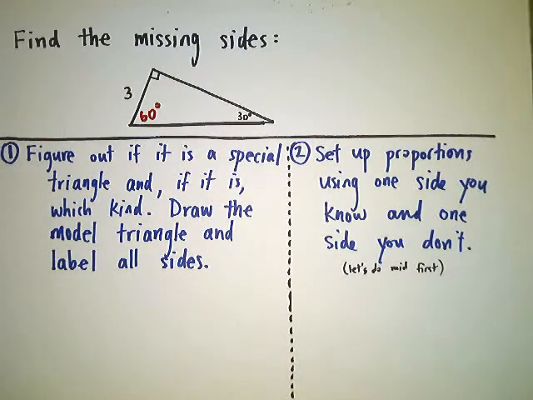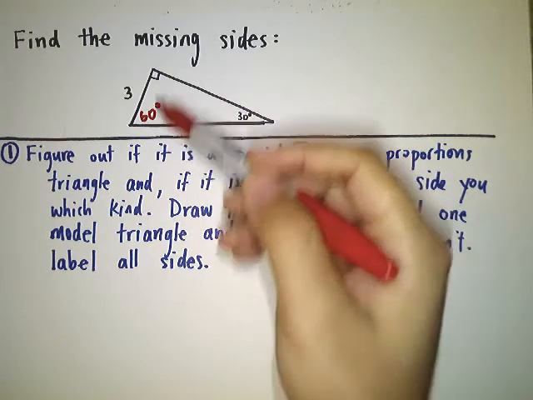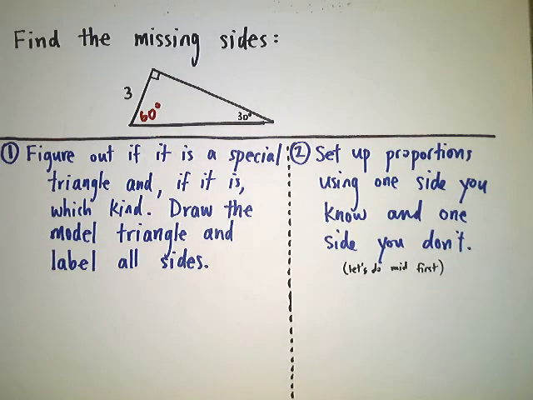So do we have a special triangle here? No, I actually want you to say out loud whether we have a special triangle here. Yeah, exactly right. We have a 30, 60, 90 special triangle.